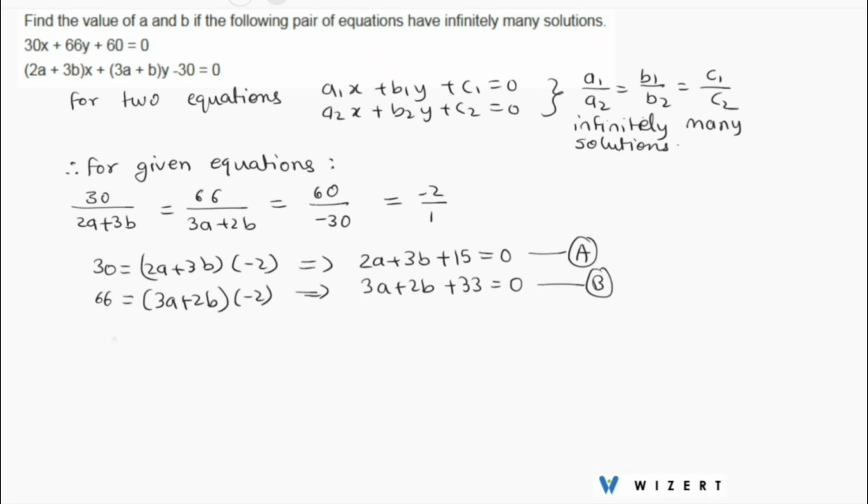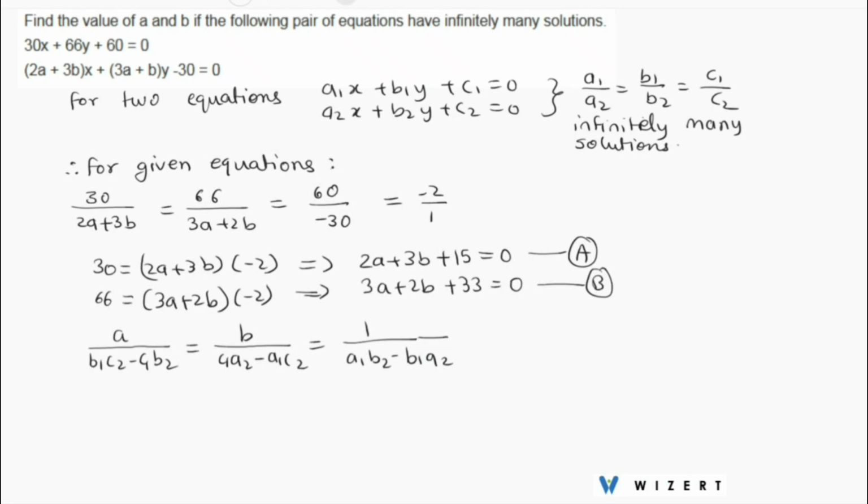So by cross multiplication method, a divided by b1 c2 minus c1 b2 equal to b divided by c1 a2 minus a1 c2 should be equal to 1 divided by a1 b2 minus b1 a2.